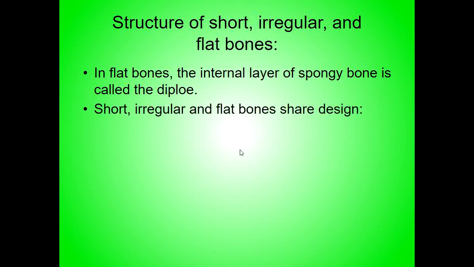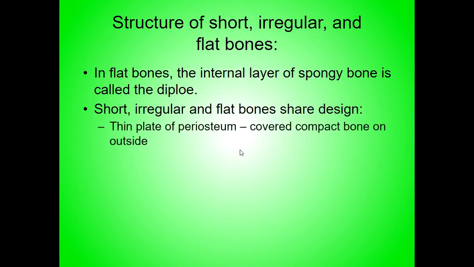For short, irregular, and flat bones, some of the things that they share is they also have a periosteum, and it covers the outside of the compact bone, and that's going to deliver nutrients to the osseous tissue within the bone. It's going to pick up waste, things like that.